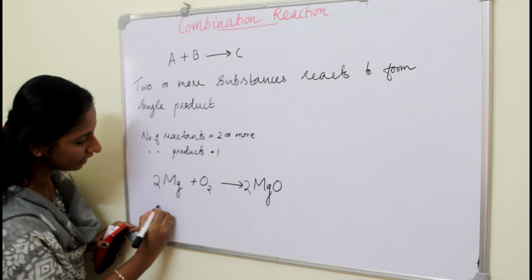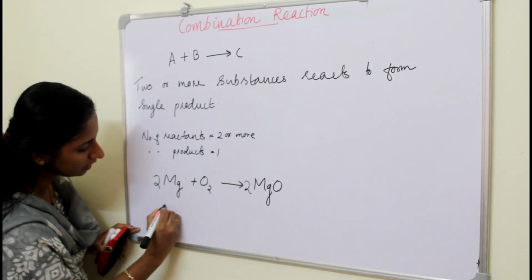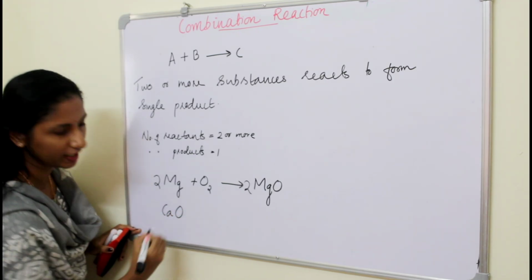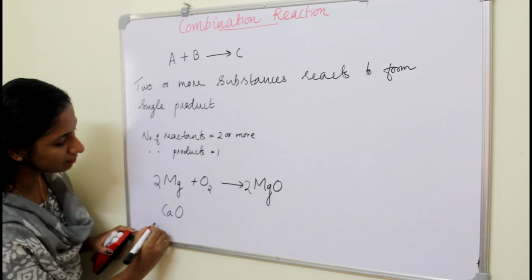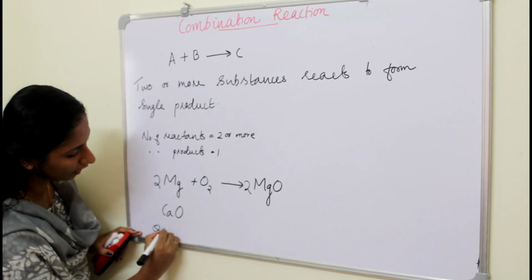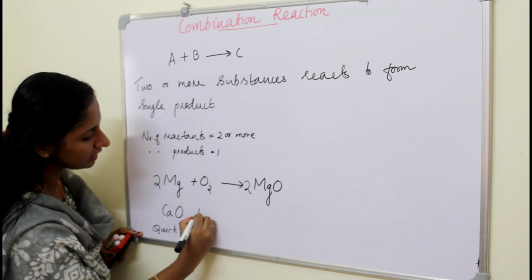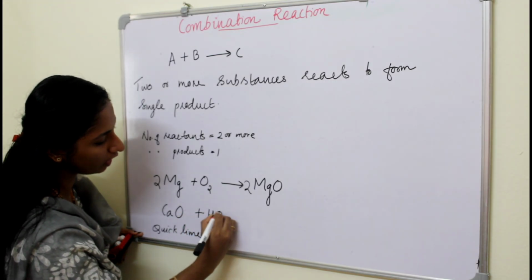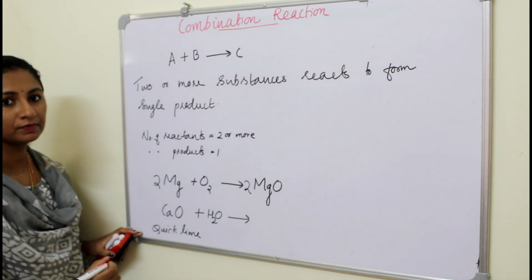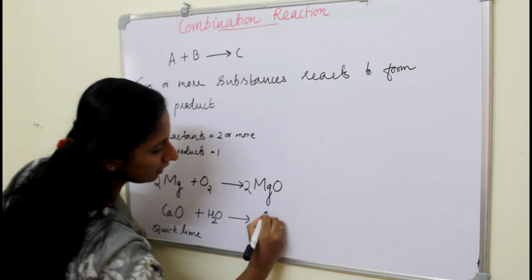Similarly, we can take one example, that is, calcium oxide. Calcium oxide we can call quicklime. So when calcium oxide reacts with water, we get what? Calcium hydroxide, right?